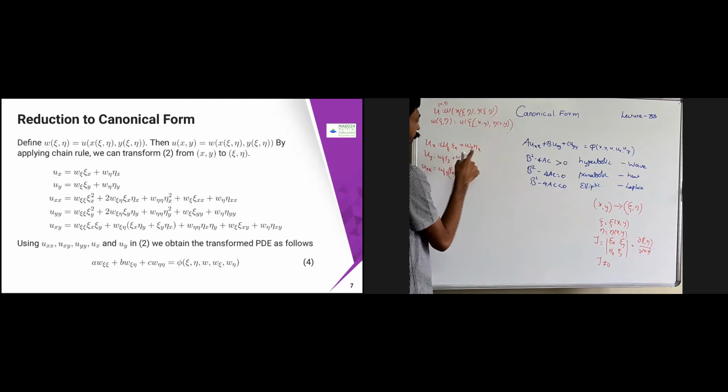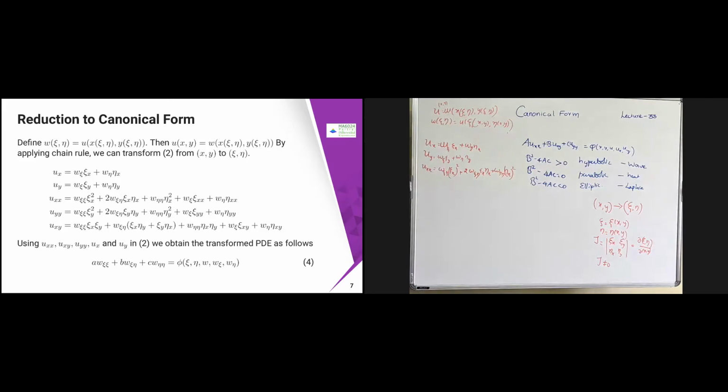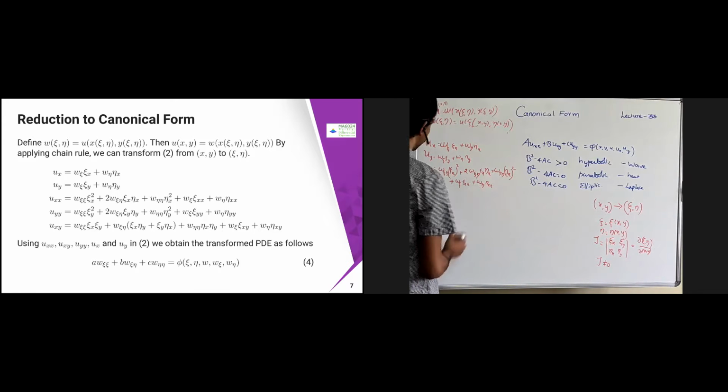Therefore, I can write u chi eta equal to u eta chi. So I am going to write this as 2 times w chi eta eta x chi x, plus w eta eta times eta x whole square, and then plus w chi times chi xx plus w eta times eta xx is going to come.